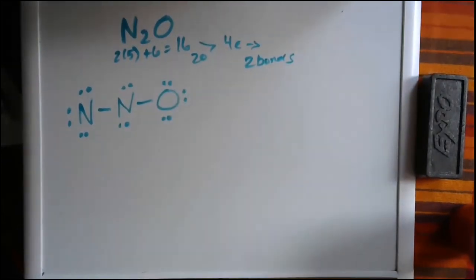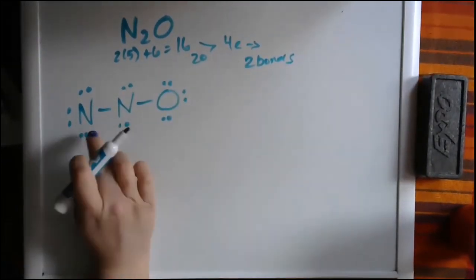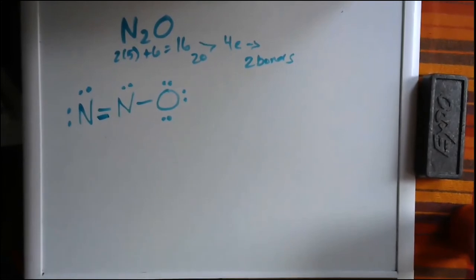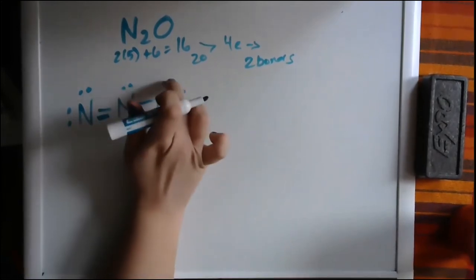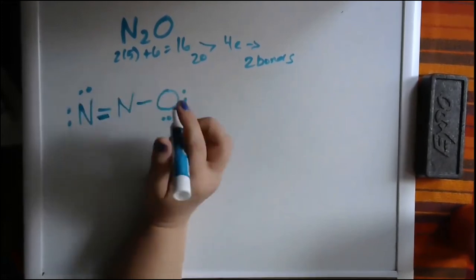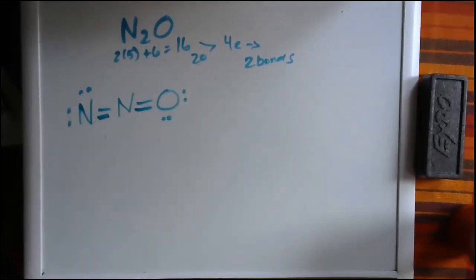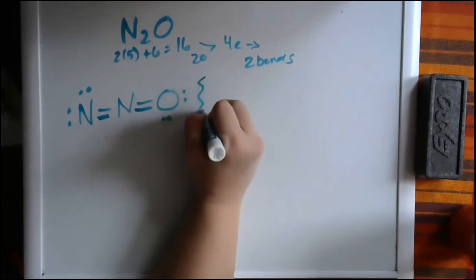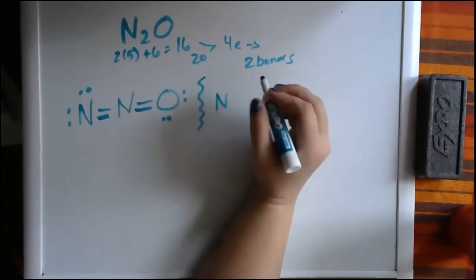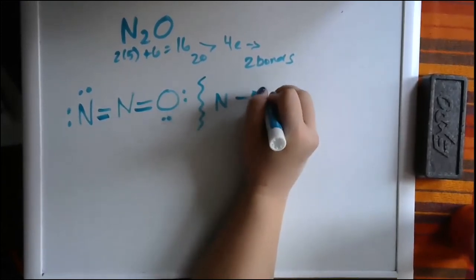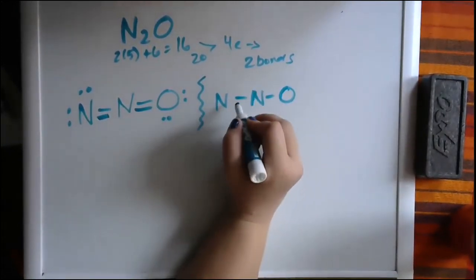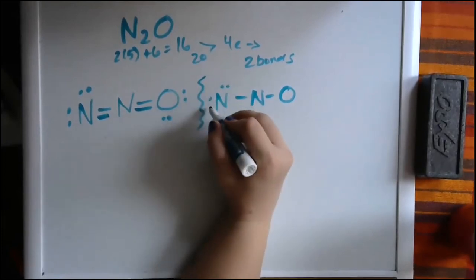That means I'm going to need to play around with 2 bonds. So one thing that I can do is remove an electron pair between each nitrogen and put a bond there. I can also remove an electron pair between the nitrogen and the oxygen and put a bond there. That's one valid thing. Another thing I can do is draw this out how it was.